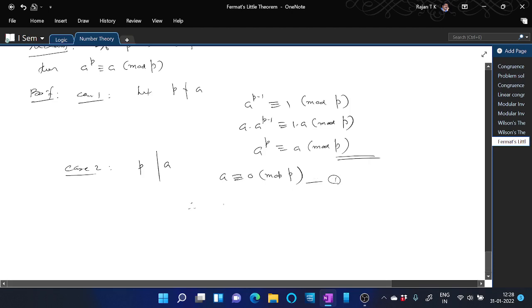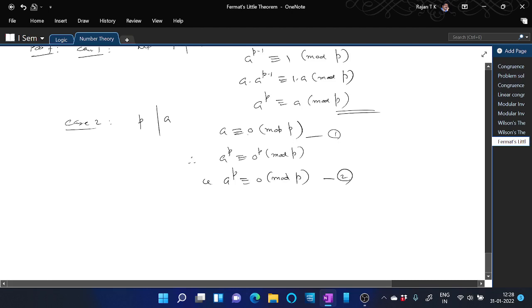Therefore, A raised to P is congruent to, again, 0 raised to P mod P. That is, A raised to P is congruent to 0 mod P. Number 2.